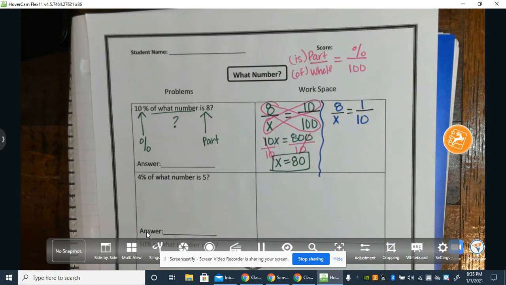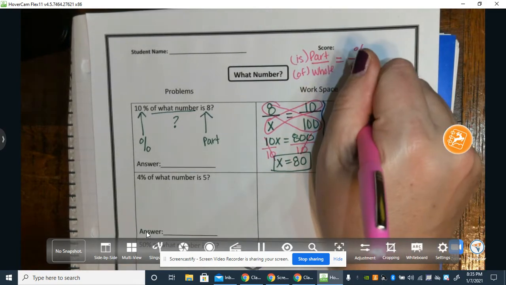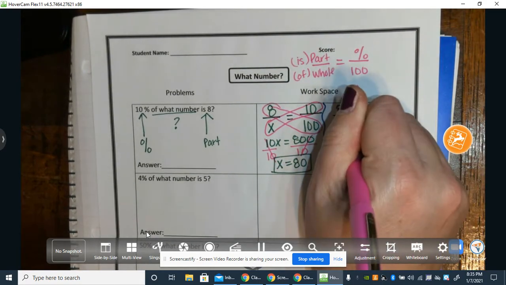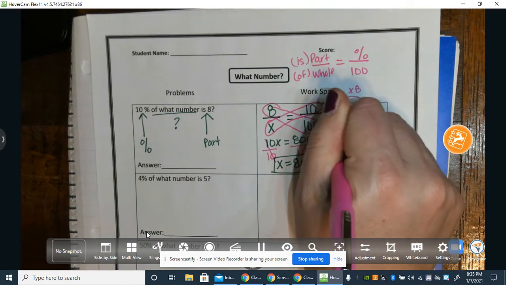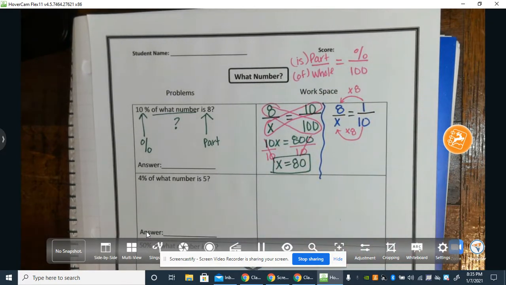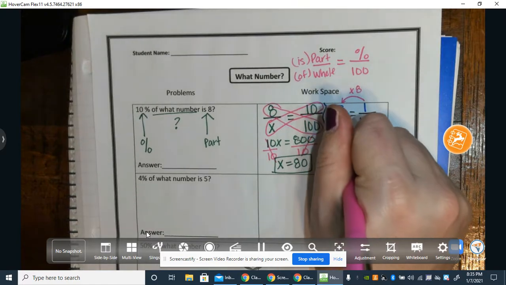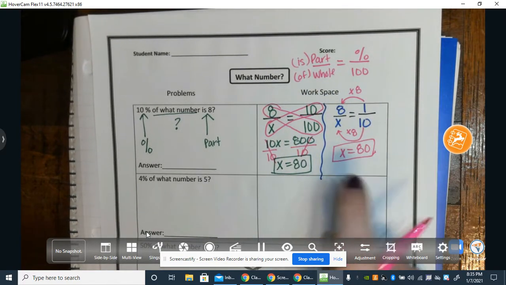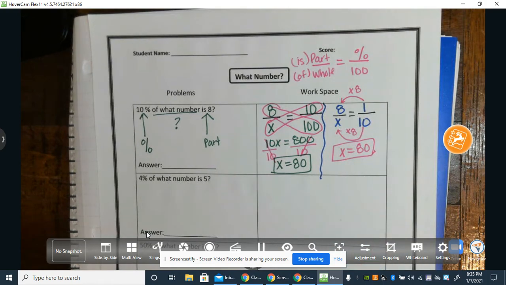Simplify, and then go, oh, look. 1 times 8 gives me 8, and 10 times 8 gives me 80. So x equals 80. Same result, different way to do it. Okay, now again, not every question will be like that, but bam, that question, there were two ways you could solve that.